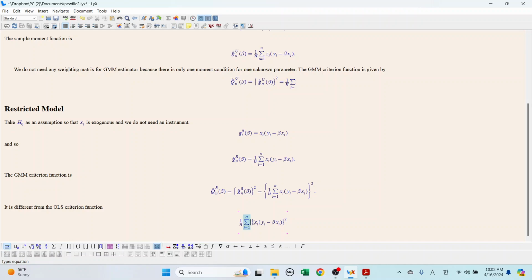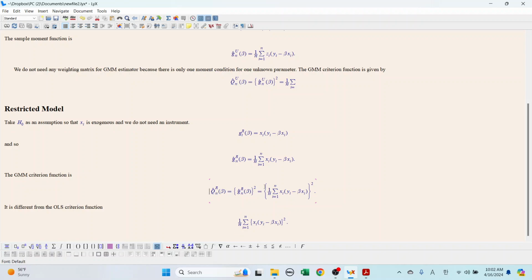If you square and then sum, that is the least squares estimator. But here we square after taking the summation. Technically they are different, but in the end you will see the minimization results are the same.